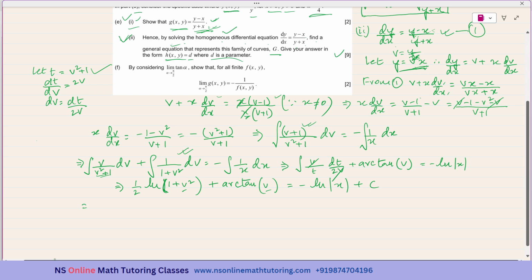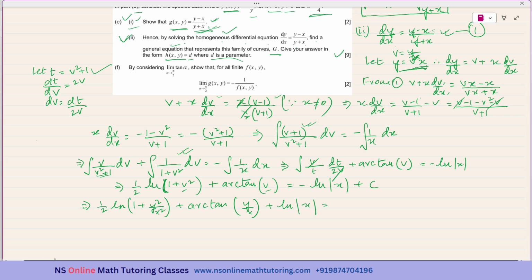So I can write this as half ln of 1 plus v square, which is y square over x square, plus arctan of y over x plus ln of x is equal to, okay, let me not take c because they have used the d, so let me use d.